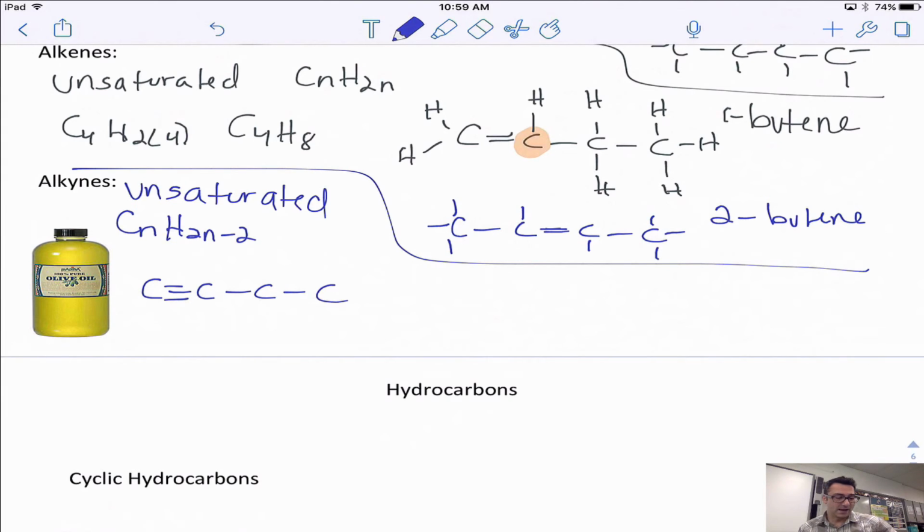Well, let's figure it out. We have 4 carbons. 2 times 4 is 8, minus 2 is 6. The carbon on the end only needs 1 hydrogen. The carbon in the middle has 4 bonds. It doesn't need any hydrogens. The third carbon needs 2 hydrogens, and the last carbon needs 3 hydrogens. And there we have it.